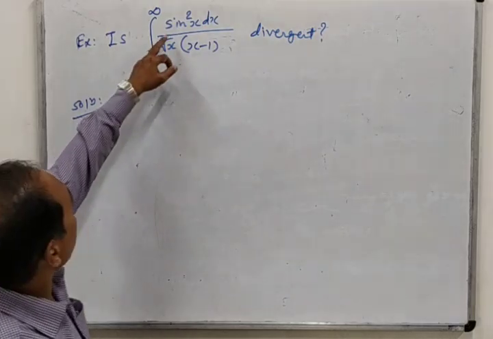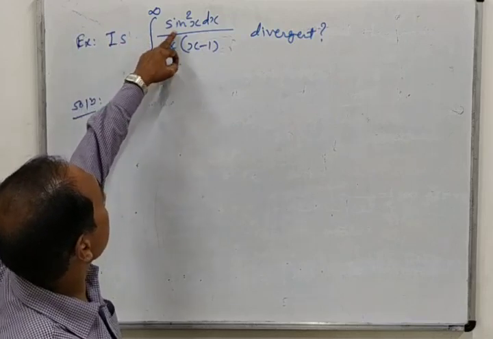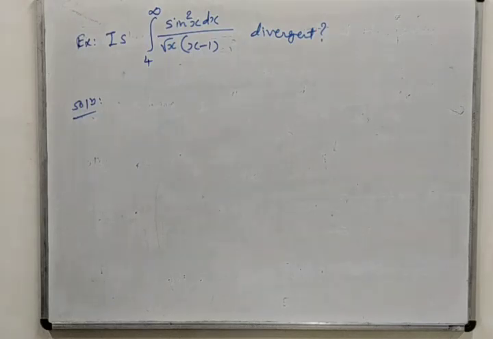Here we can see that it is an improper integral, first criteria. Second thing is that this function is not integrable directly, and in the numerator there is a sin square x. So here we will try to use the absolute convergence theorem that we have seen in the last example.